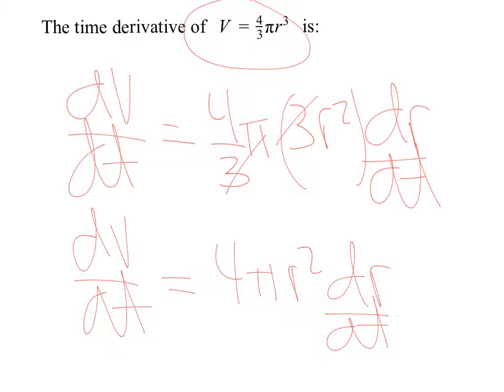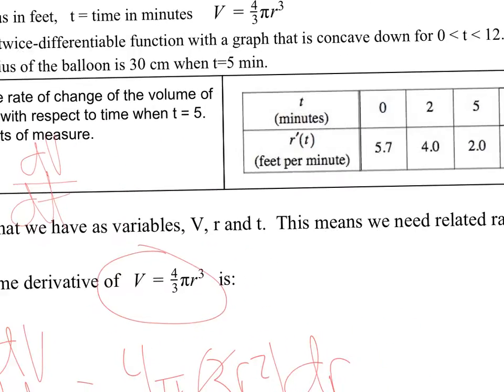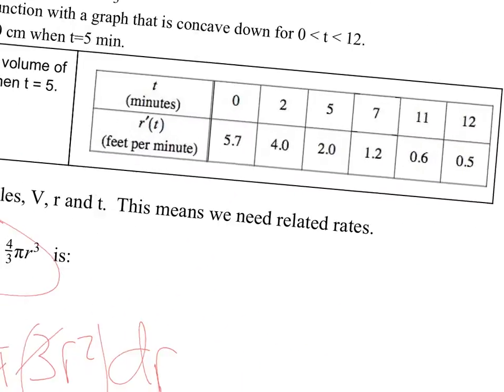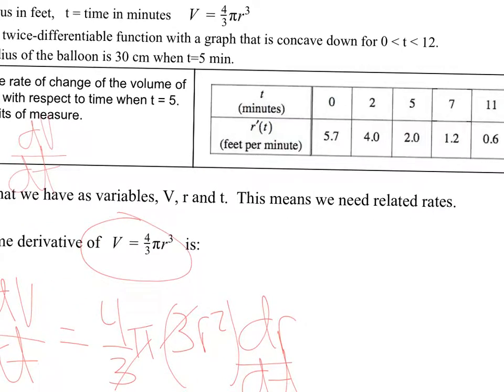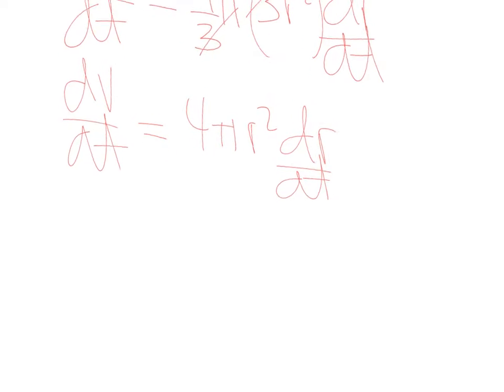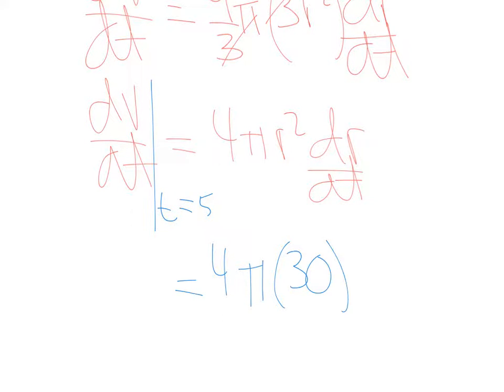And I'm supposed to do this when t equals 5. Well, when t equals 5, we know that dr by dt is 2.0, and we know that the radius is 30. So all I need to do is this, when t equals 5. So we've got 4 pi times r, where r is 30, squared, times dr by dt, which is given as 2.